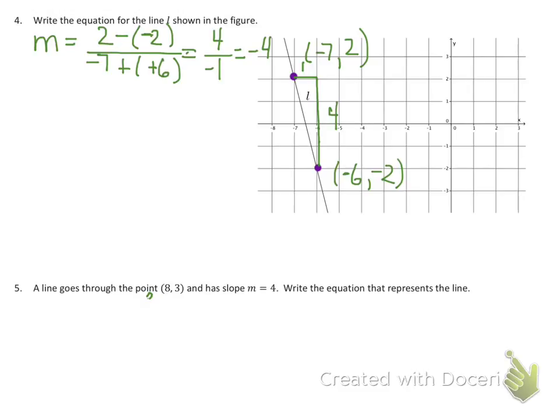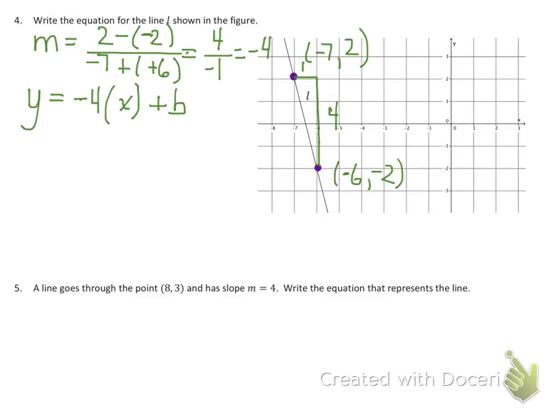Okay, so our graph can be written using this form of equation. And so we have y is equal to the slope, which is negative 4, times x plus b.